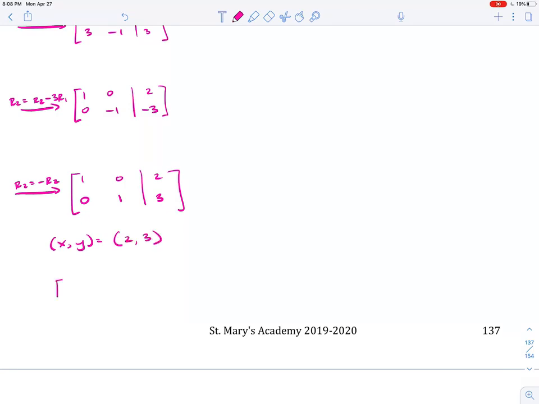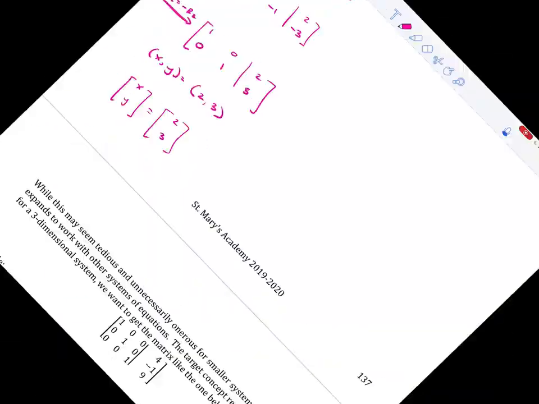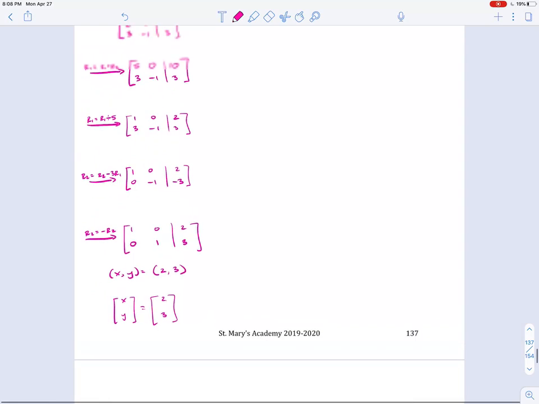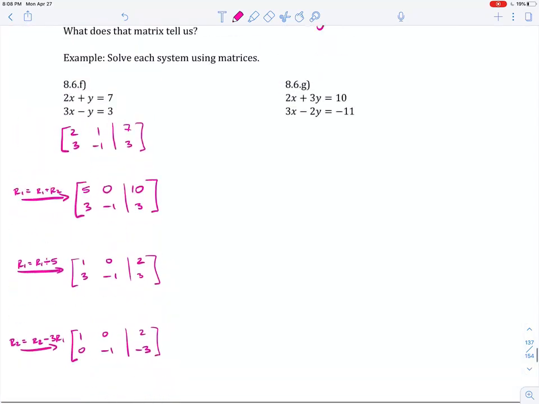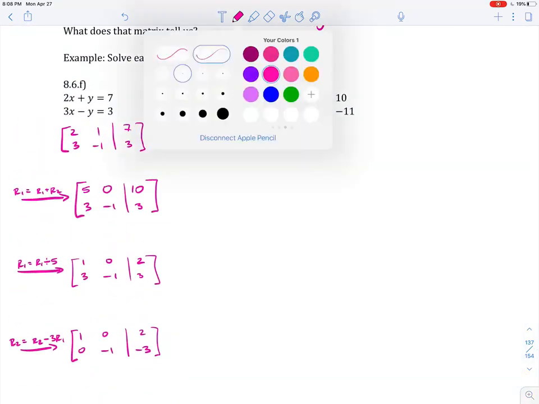And at this point, you could state this a variety of ways. We're used to saying just x, y is equal to 2, 3. Or if you want to get real fancy-dancy, you could say this. Je ne care pas. You can choose whichever one you want. Just follow your heart.